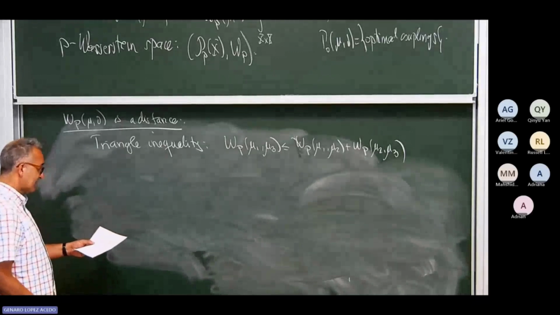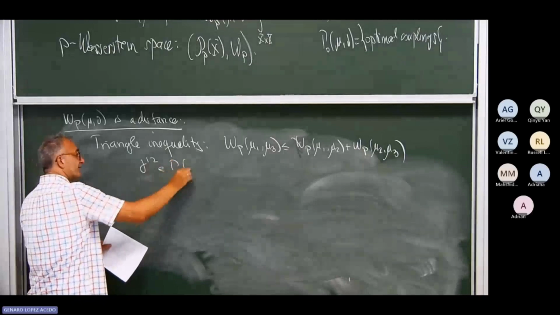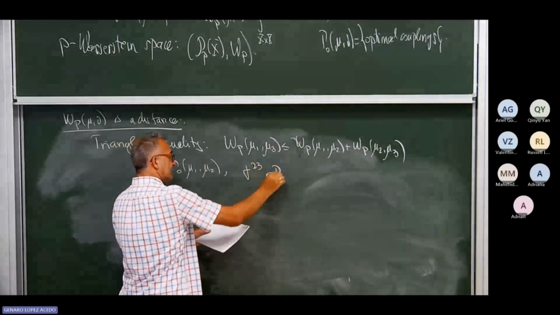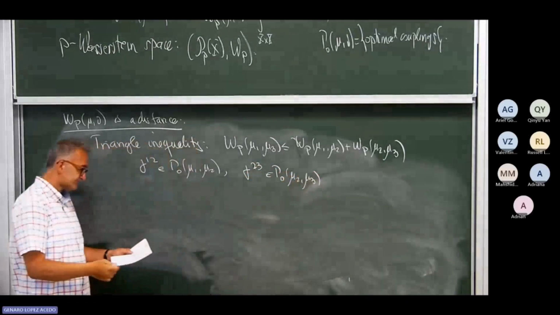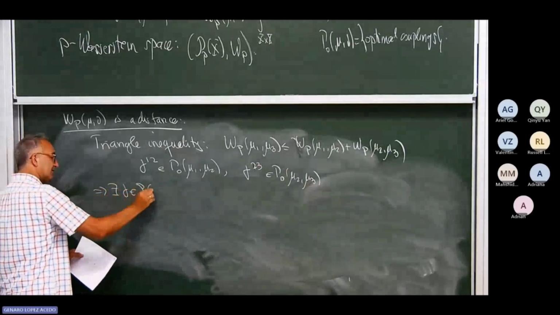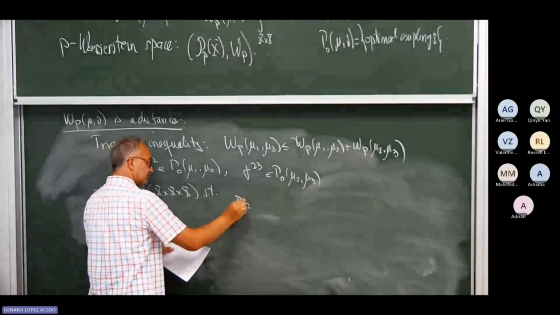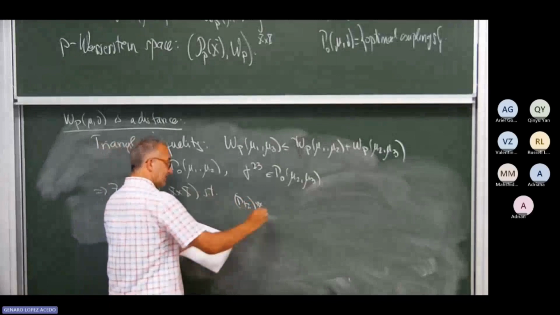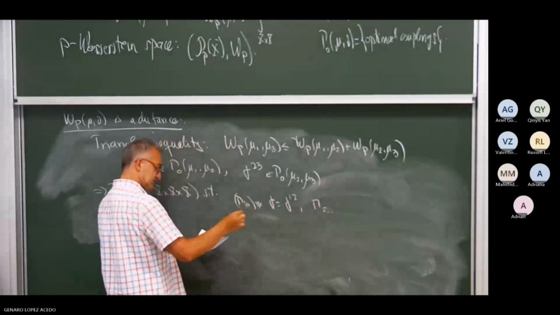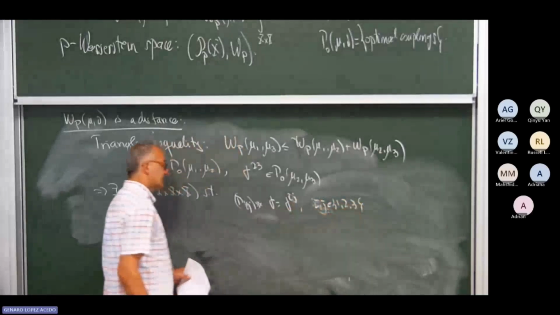I write it here just very fast. From what we said, if we take gamma_12 optimal from mu1, mu2, and gamma_23 optimal from mu2, mu3, then from what we just saw, there exists a probability gamma such that P12, the projection on the first and second coordinates of gamma, is equal to the coupling gamma_12, and P23 is equal to gamma_23.